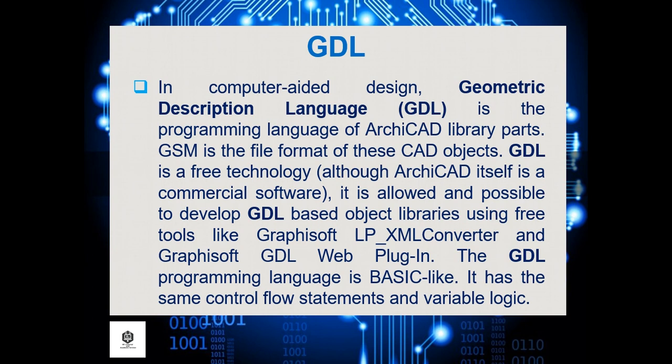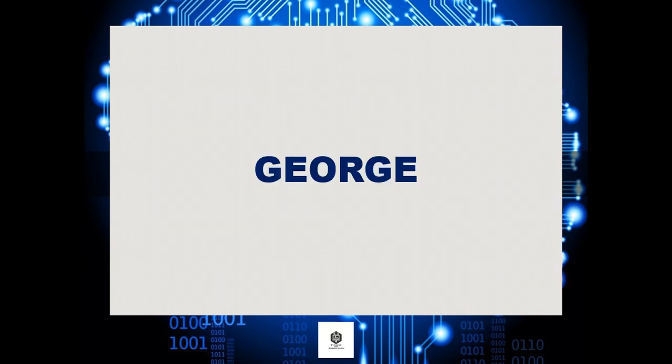It is allowed and possible to develop GDL-based object libraries using free tools like Graphisoft LPXML Converter and Graphisoft GDL Web Plugin. The GDL programming language is basic-like. It has the same control flow in statements and variable logic.